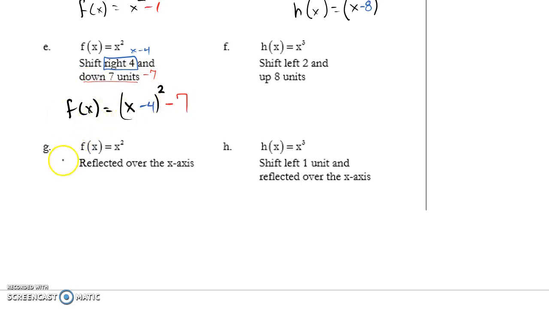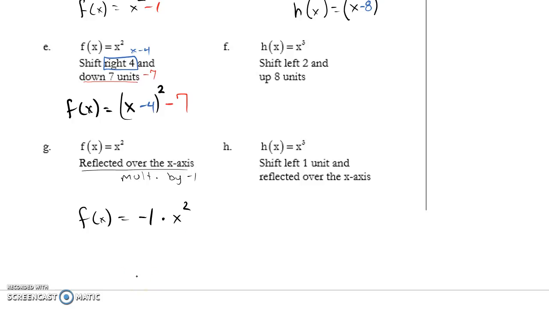There's my new function. You're going to try part F. Part G is a reflection over the x-axis. When I reflect over the x-axis, I multiply by -1. So my new function is going to be -1 times the original function, x squared.